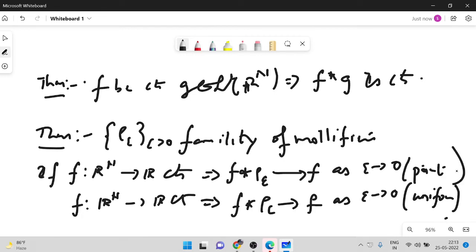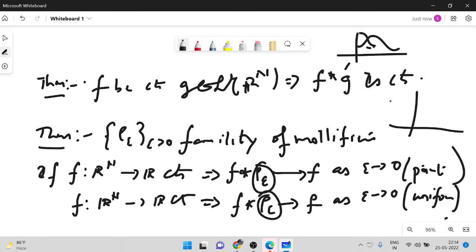So this is a smoothening kind of thing, because the family of functions rho is infinitely differentiable. What this theorem says is that if you have a continuous function, you can make it infinitely differentiable by convolving with the mollifier.